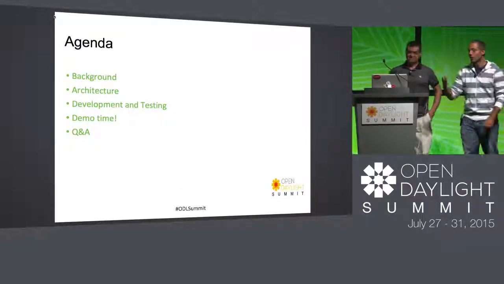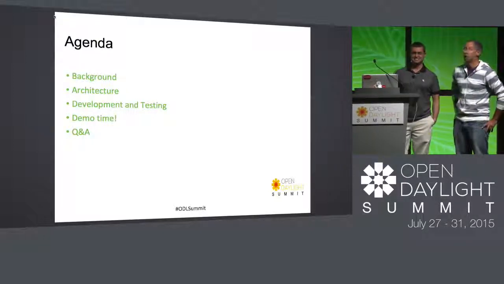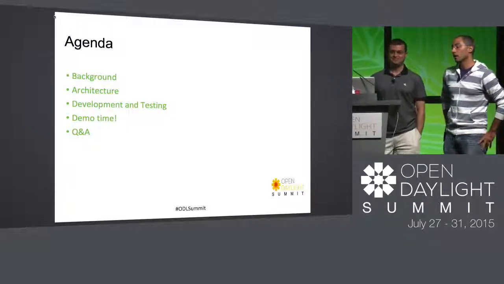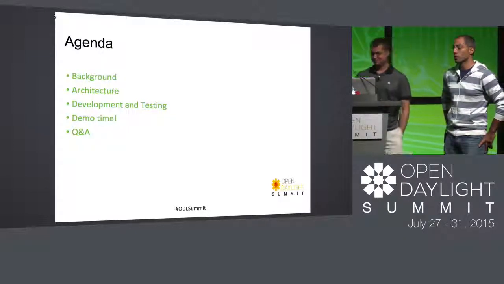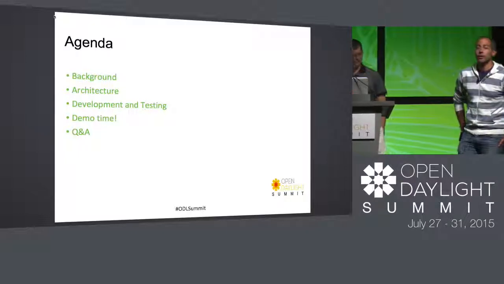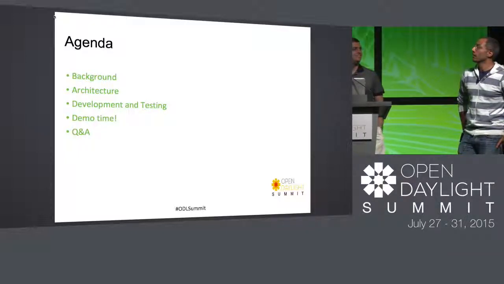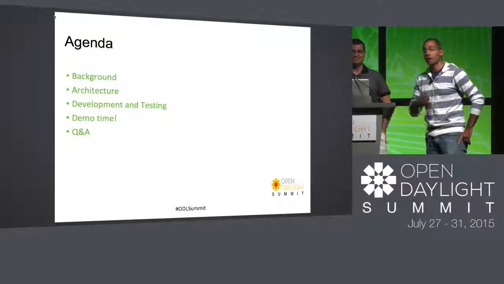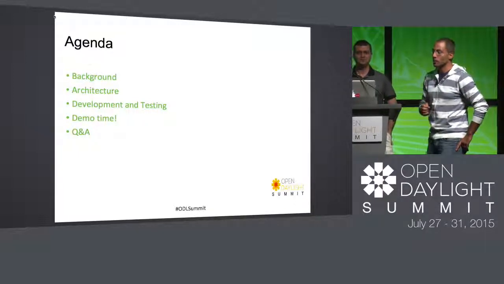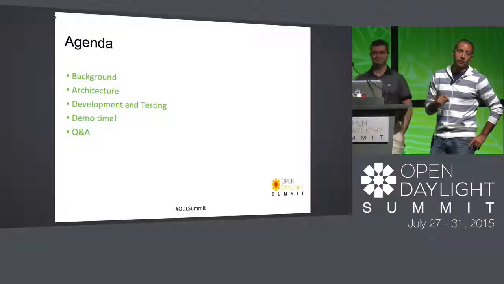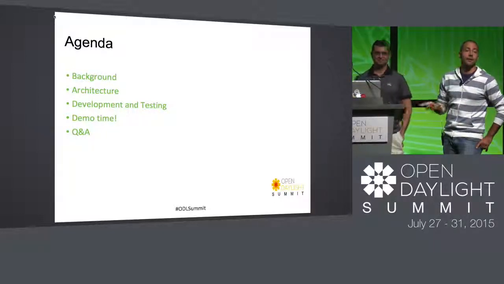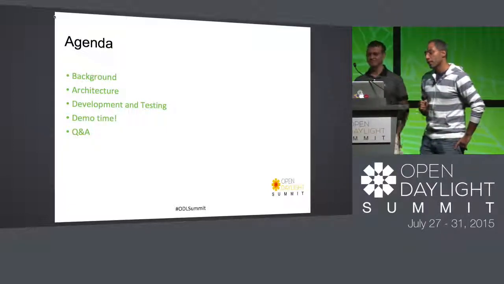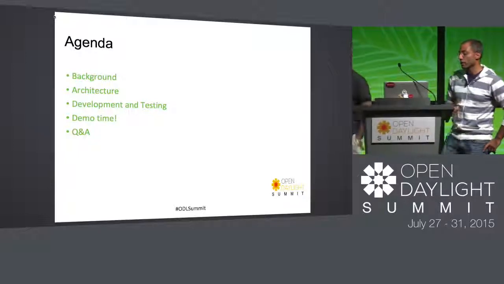So this is the agenda. We'll touch base on a bit of history and set the context behind the two open source projects. We'll dive into the architecture that allows us to use the end-to-end system made by Neutron as well as OpenDaylight. We'll also touch base on how we do development and testing of these two projects. Then Flavio is going to show us a cool demo, and we'll close with a Q&A session.